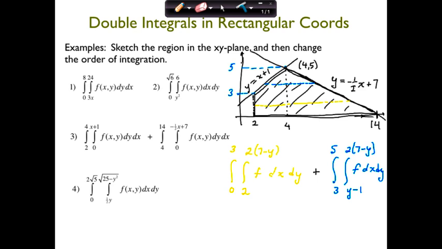So couldn't you just do the integral from 0 to y minus 1 of the integral from 2 to 4 of xy dx dy? But if you go from 0 to y minus 1, you're integrating stuff that's not in the region. Those are x values. The lowest x value we have is 2.